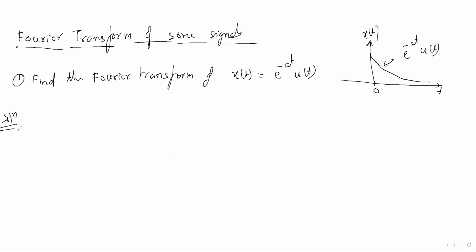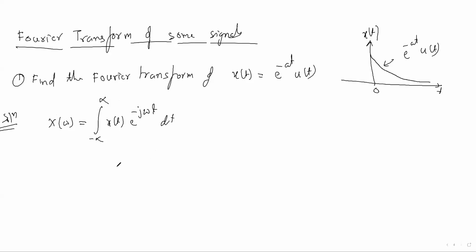Fourier transform means we have to find X of omega, and we know the equation for X of omega is the integral from minus infinity to infinity of x of t e to the power minus j omega t dt.